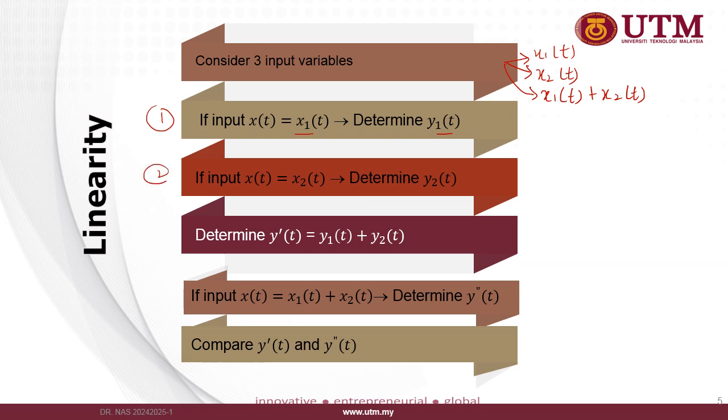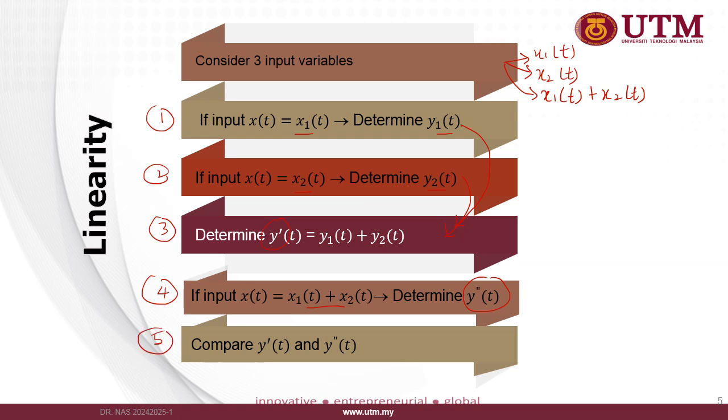The second, if the input now is x2(t), determine y2(t). And the third step, you need to determine y prime (t) by adding both y1(t) and y2(t) together. Next step, you need to determine y double prime (t) if the input now is x1(t) plus x2(t).